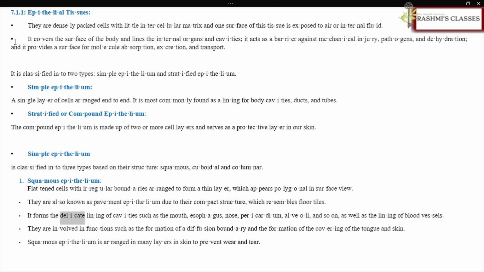It forms the delicate lining of cavities such as the mouth, esophagus, nose, pericardium, alveoli, and so on, as well as the lining of blood vessels. They are involved in functions such as the formation of a diffusion boundary and the formation of the covering of the tongue and skin. Squamous epithelium is arranged in many layers in skin to prevent wear and tear.